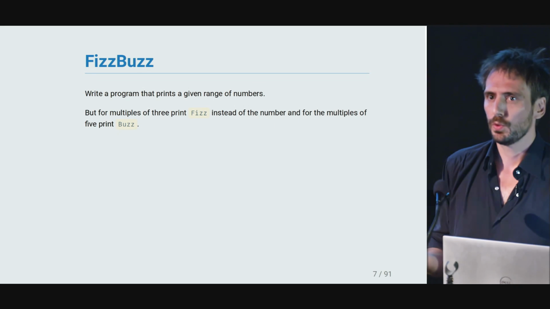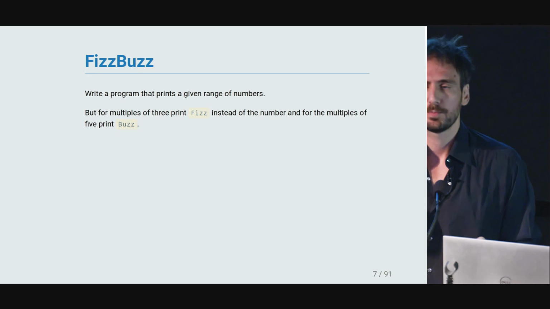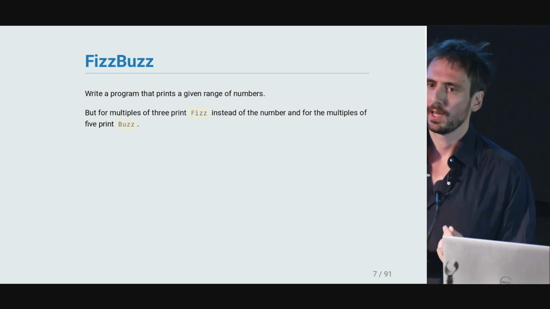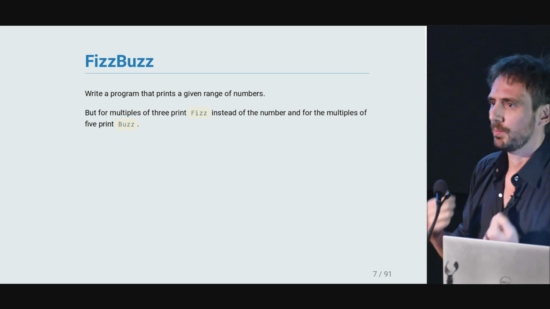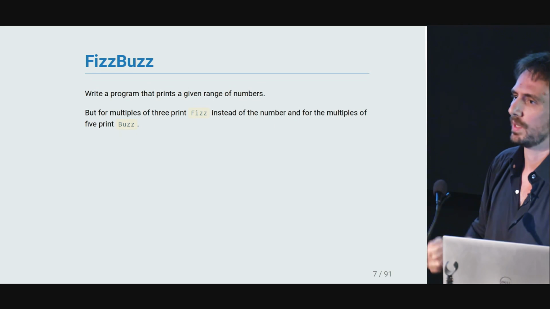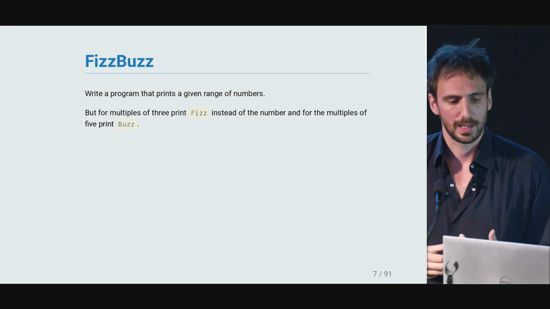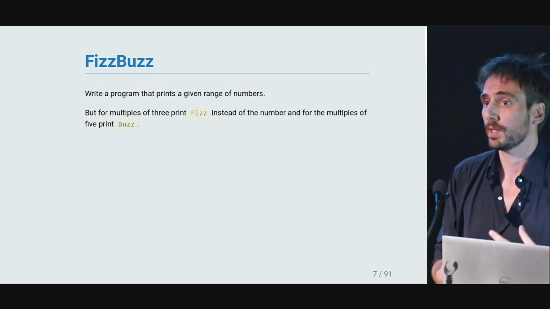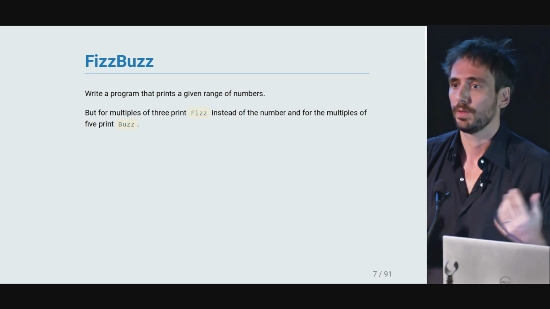I'm assuming most of you are familiar with it. FizzBuzz is, well, it's not a very good thing. It's something that people tend to use for job interviews, as tests for job interviews. And the entire premise is that the specifications are incomplete, but you don't know it, and how do you deal with incomplete specifications?